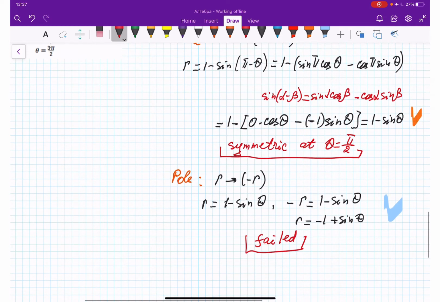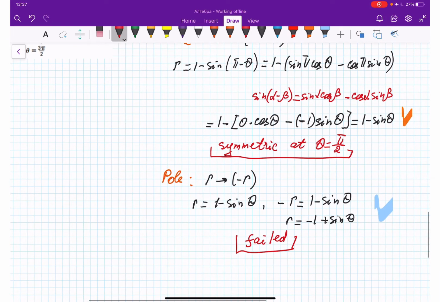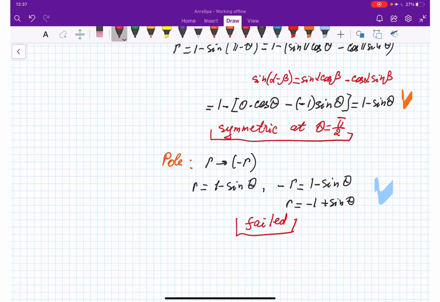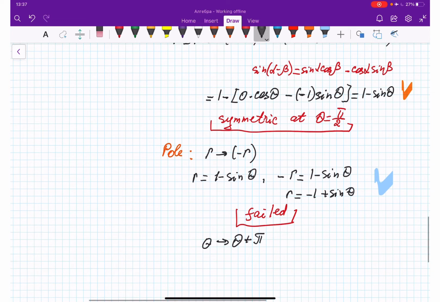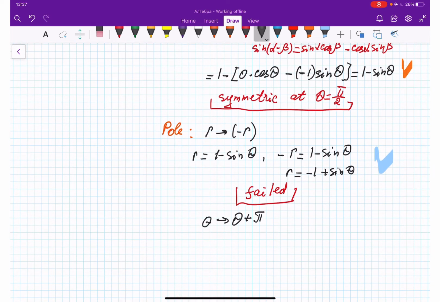So now let's replace theta, because regarding the pole we can replace r and theta. So we are going to replace theta with theta plus pi, and the result is r is equal 1 minus sine theta plus pi.